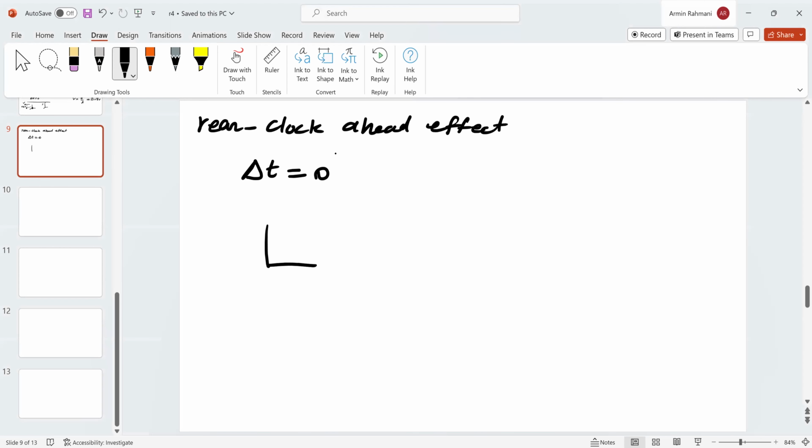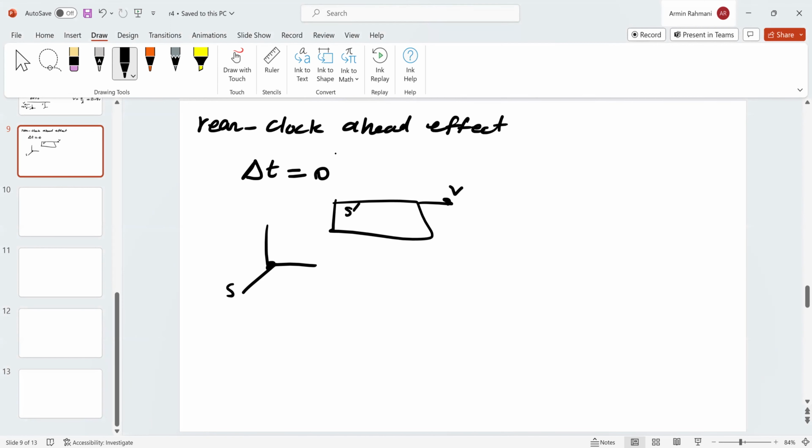So here we have S, and this is S prime moving with velocity v. We're saying the rear clock is ahead. So delta t is 0 because the observer in S is looking at the two clocks in the front and back at the same time in the S reference frame.